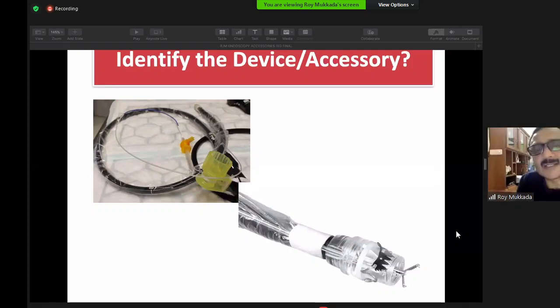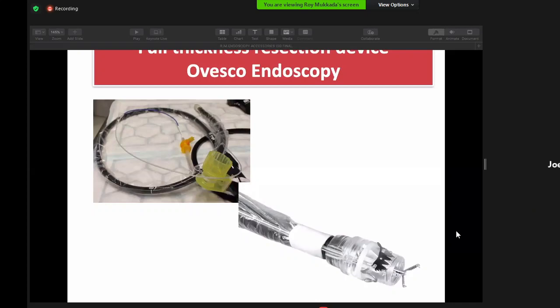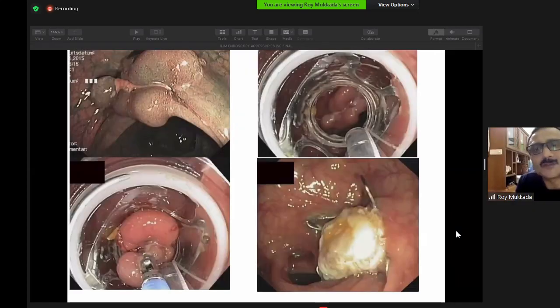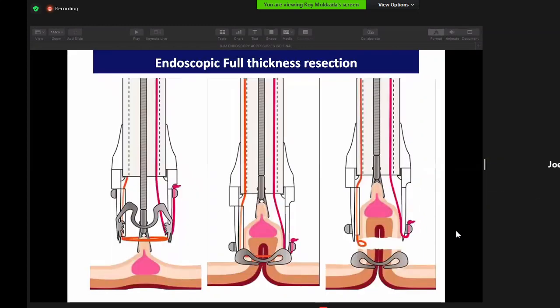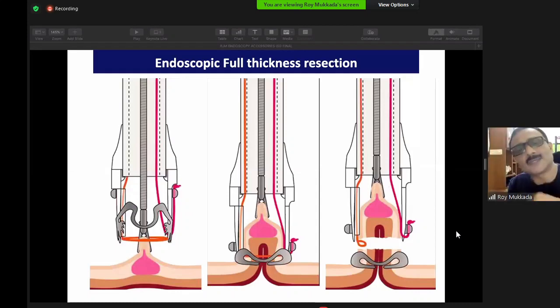This is a similar accessory, but it is not used for bleeding, it's used for some other purpose. This is a full thickness resection device, again made by Ovesco. If you see a polyp like this and you're not sure whether it will cause perforation, you can suck in the polyp, deploy the clip, and then resect it over the clip.